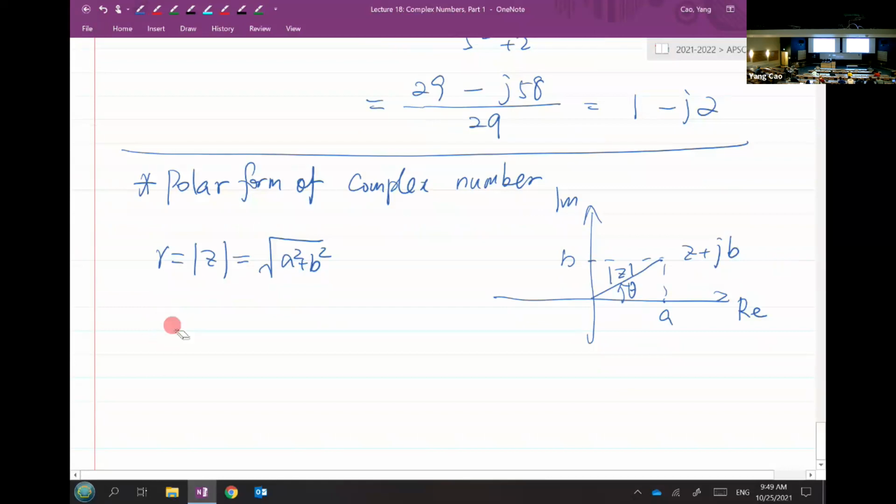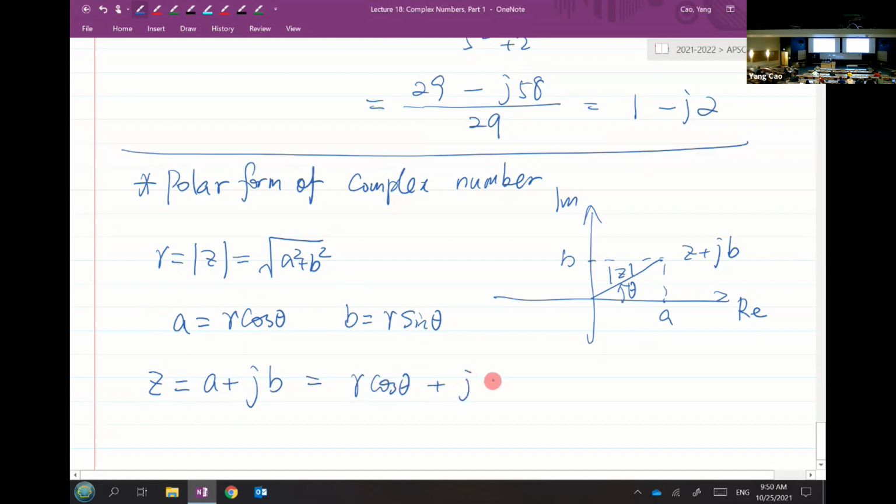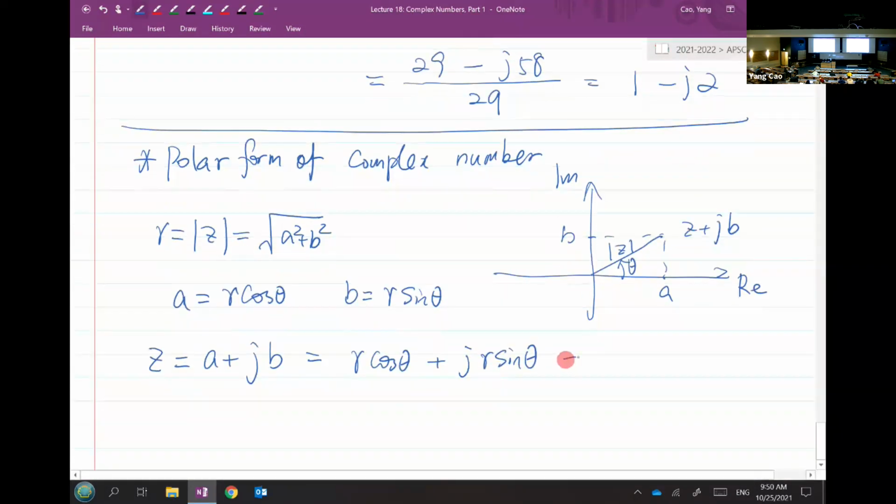Then your a here can be written as r cosine theta, like the x coordinate. And b here can be written as r sine theta, like the y coordinate. Then your complex number z, instead of a plus jb, can now be written as r cosine theta plus j times r sine theta.